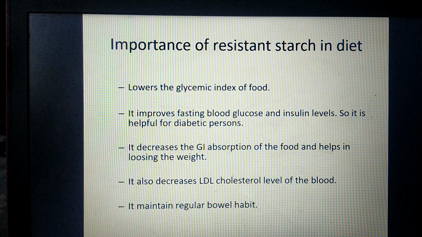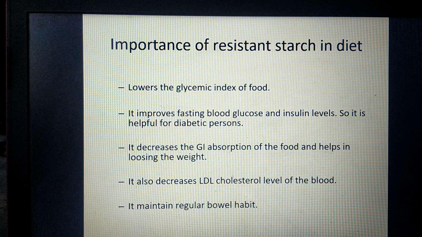LDL cholesterol is also called bad cholesterol because it causes atherosclerosis, in which the cholesterol is deposited in the blood vessels. So resistant starch decreases the LDL cholesterol level, and therefore it helps in preventing the various diseases related to high LDL cholesterol level of blood.